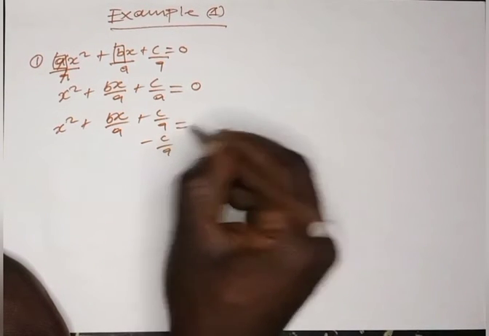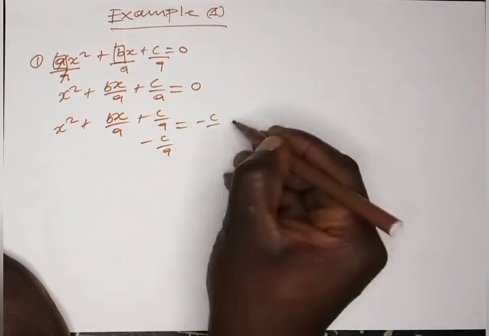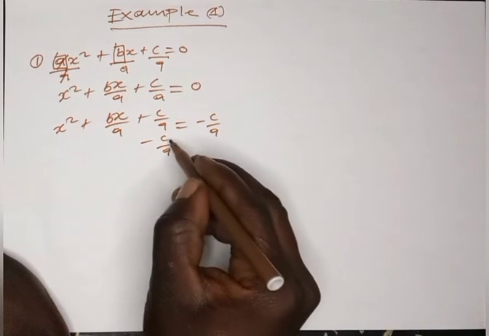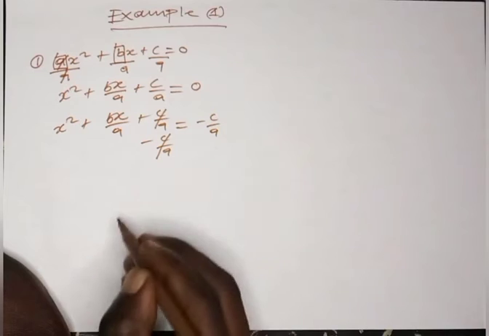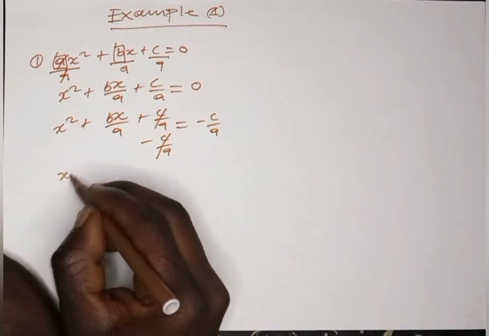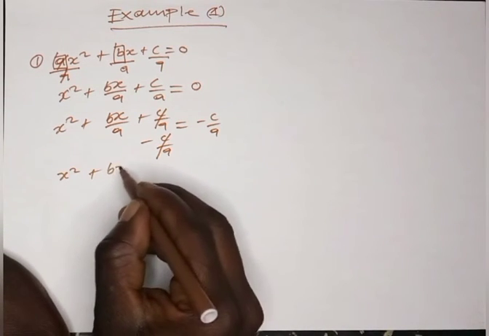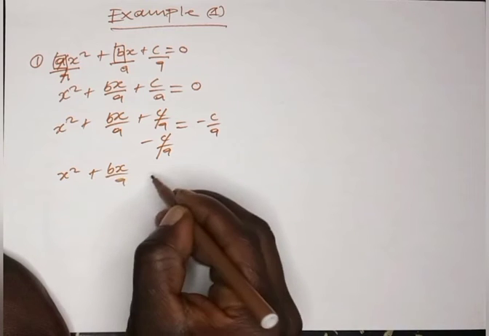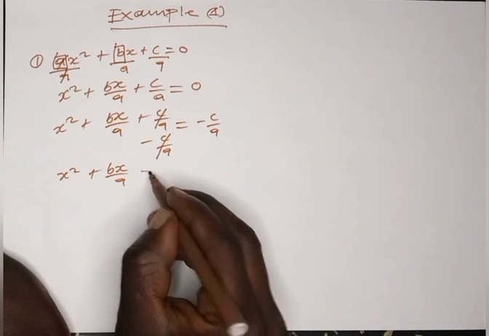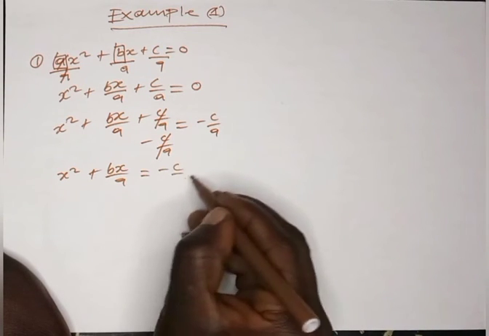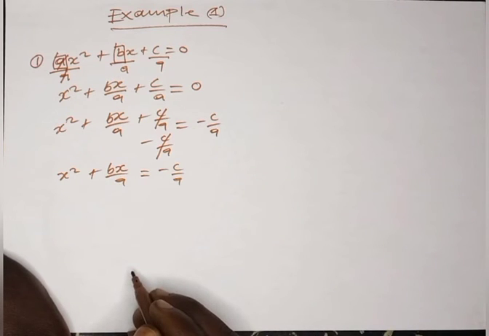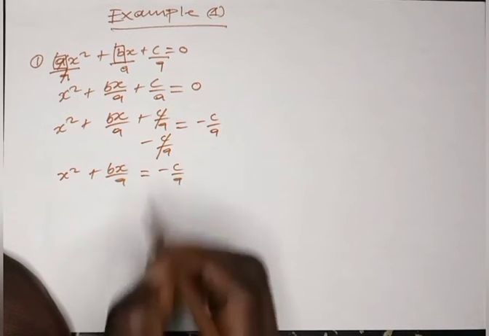We are going to subtract c over a from both sides. Then we remain with x squared plus bx over a equals minus c over a. This is step 2.